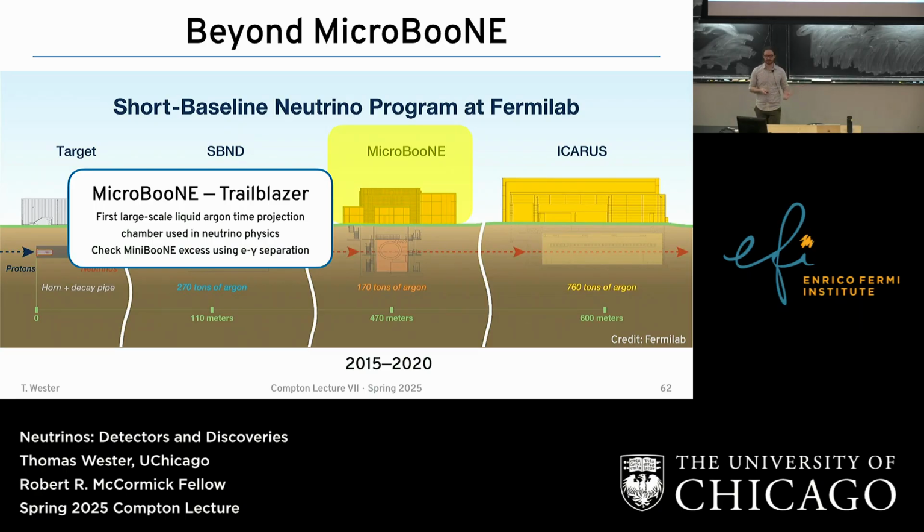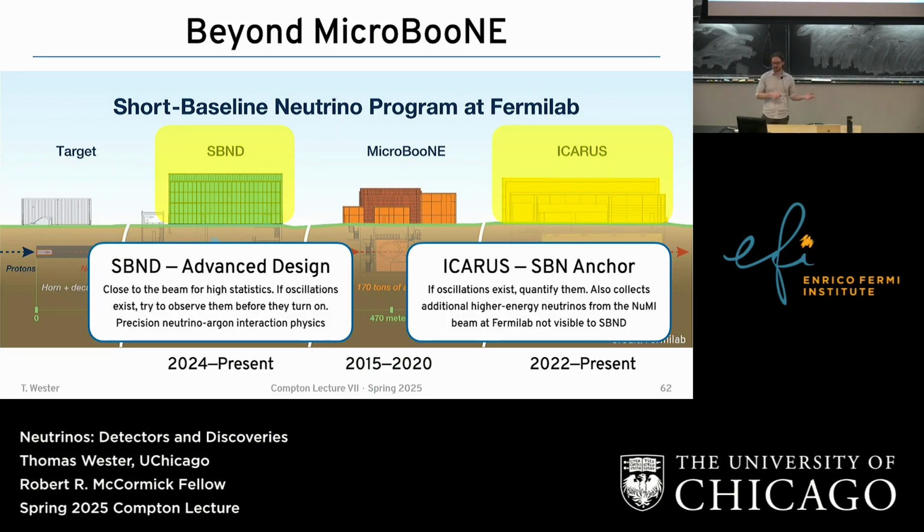Then there are two other detectors which are just coming online in the past couple of years. There's the Short-Baseline Near Detector, SBND, which is a really advanced iteration of the liquid argon time projection chamber, and then the ICARUS detector, which actually came to us from Italy and then went to CERN, which I'll talk about in a second. The combination of these two detectors really works together because SBND is very close to the beam, and ICARUS is a little bit further, at the same distance as MiniBooNE.